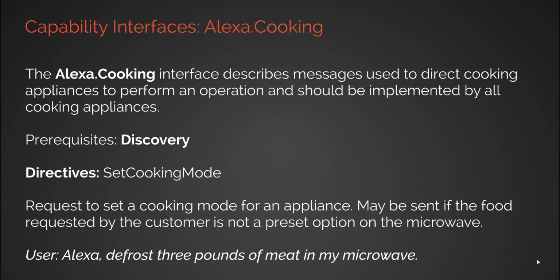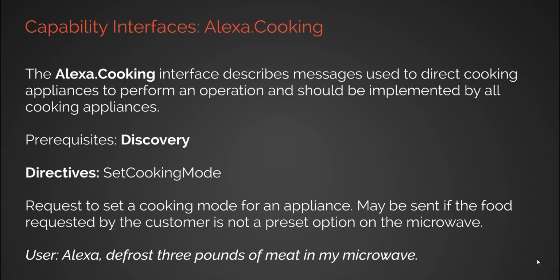The most common one, obviously, that comes to mind would be a microwave. But there's also the stove as well, where it has bake or boil. You can think about meat or defrosting, all of those types of things that you might either see on your microwave or you might see on an oven, for example. So in this case, we have the example at the bottom where it says, Alexa, defrost 3 pounds of meat in my microwave.